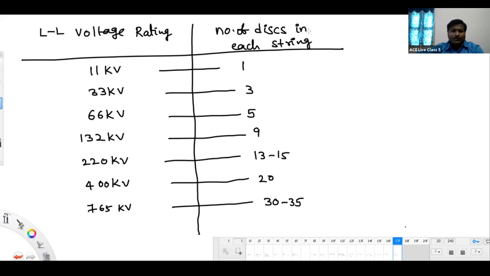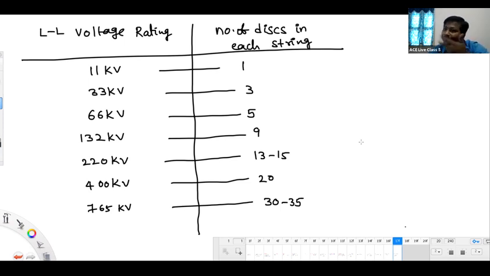Now tell me. If I show some system outside, maybe a distribution system or transmission system, can you tell me at what voltage level it is operating? Very simple. Just by looking at the system, you have to observe what type of insulator is used there.